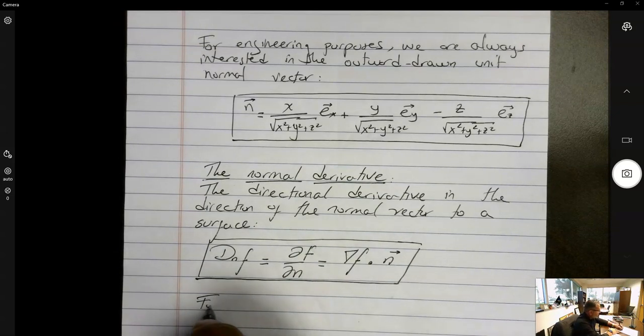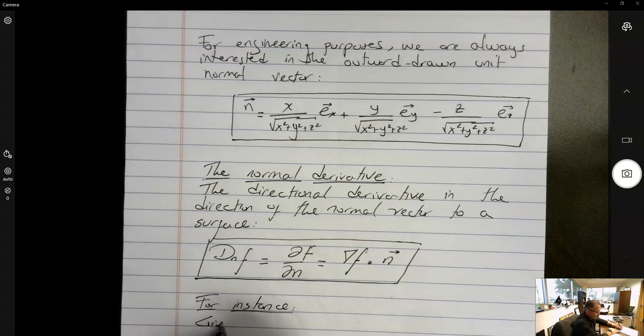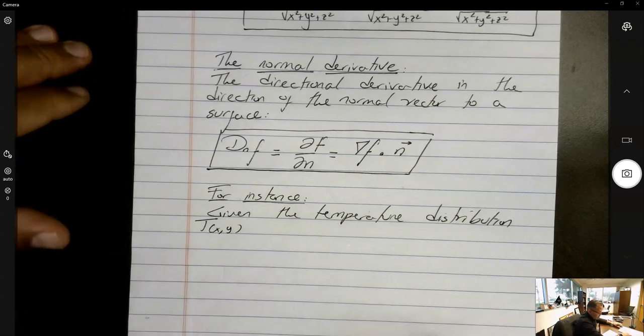So let me give you an example. For instance, given the temperature distribution T of x, y. Again, we're going to do this in 2D. So a temperature distribution on a 2D plate, on the surface of this table, for example.